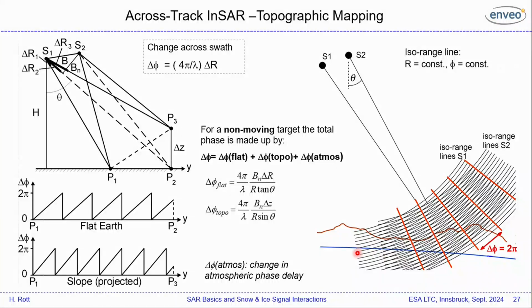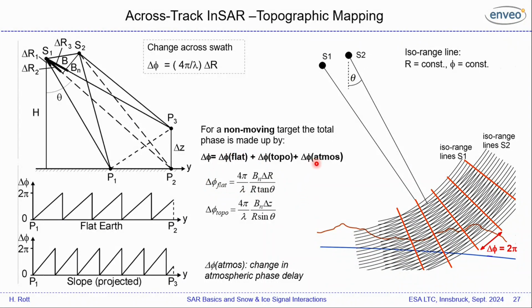And this is cross-track interferometry for topographic mapping shown here. We have a signal because the distance changes on the flat Earth, and it changes also on the slope. And all these would be 2 pi differences. And this is the other equation for topography: baseline times elevation over distance times sine of the incidence angle. And this is an equation for the flat Earth.